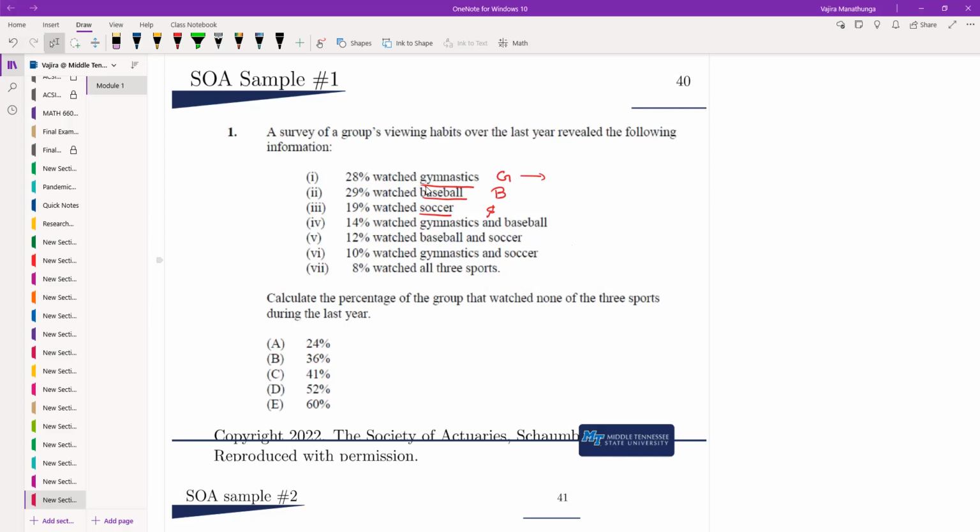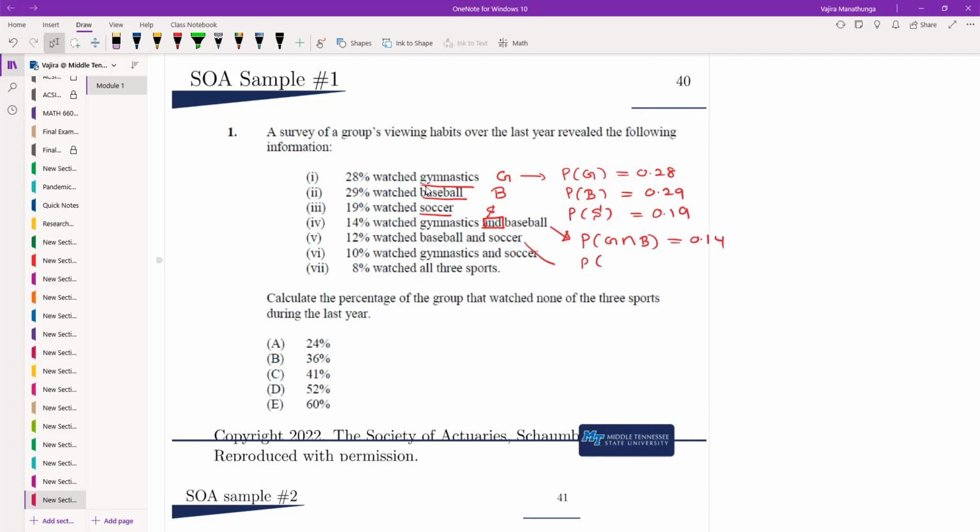Here you can see that the probability of watching gymnastics is 0.28. Probability of watching baseball is 0.29. Probability of watching soccer is 0.19. Then you can see the word "and," which means the intersection. So the probability of gymnastics and baseball is 0.14.